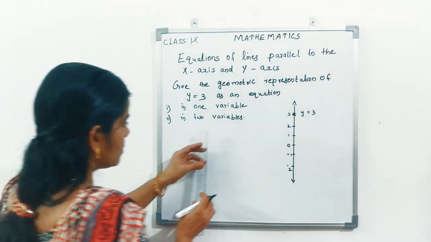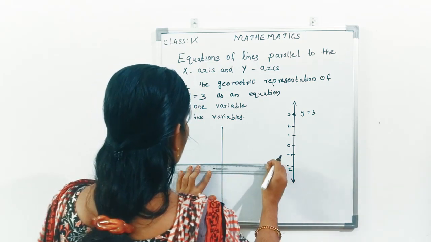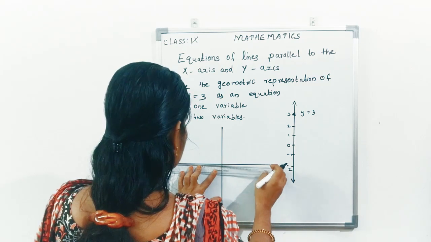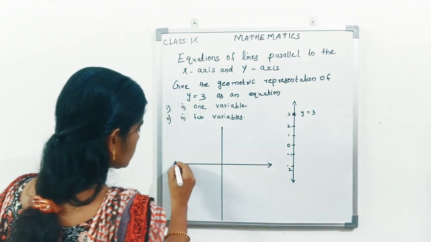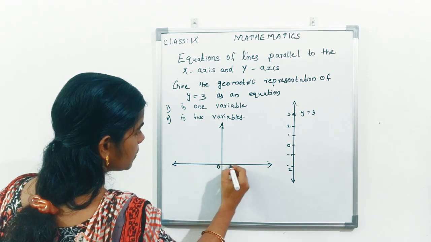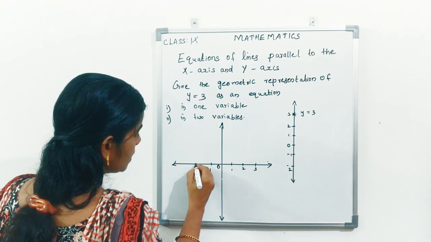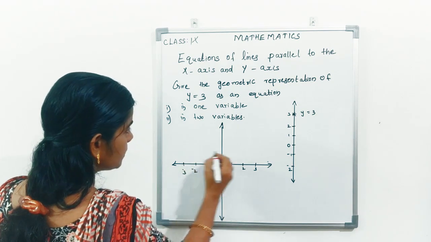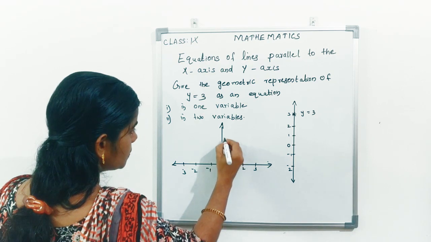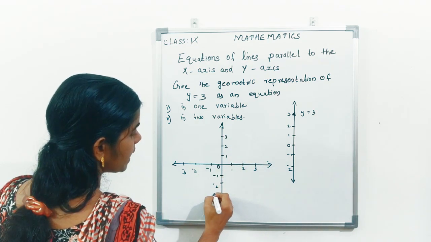In two variables, we want to draw the Cartesian plane, both x axis and y axis. Zero, then 1, 2, 3, minus 1, minus 2, minus 3. Here it will be 1, 2, 3, and here minus 1, minus 2, minus 3.